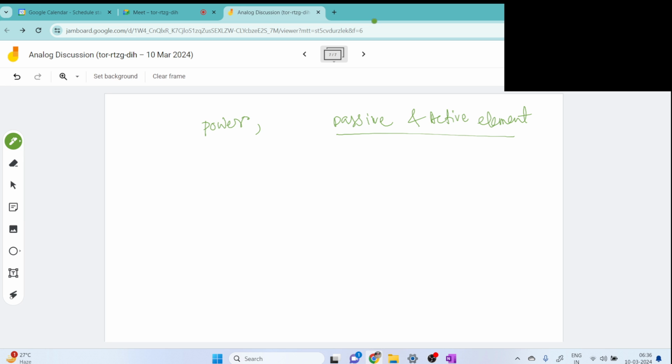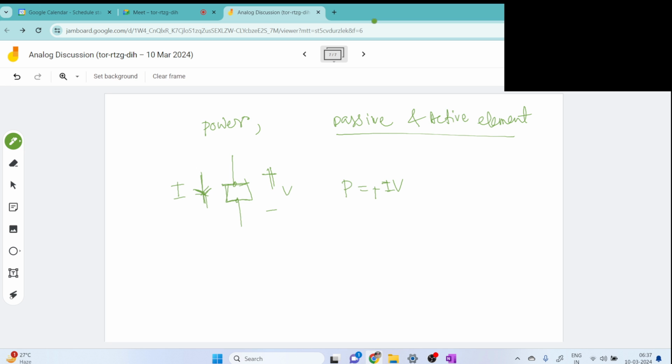Power through an element is nothing but this: let this be the element, and the voltage across it is V, and the current through it is I, with the direction of the current like this. Now what will be the power? It is V into I, and this will be positive according to this notation.